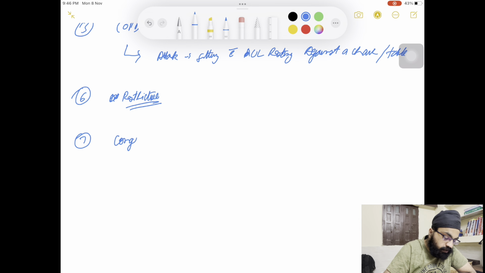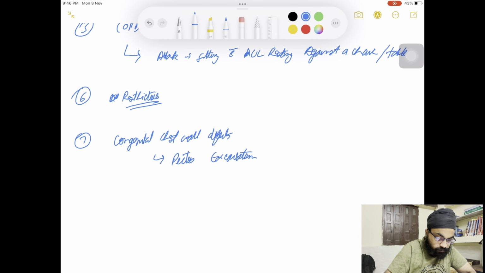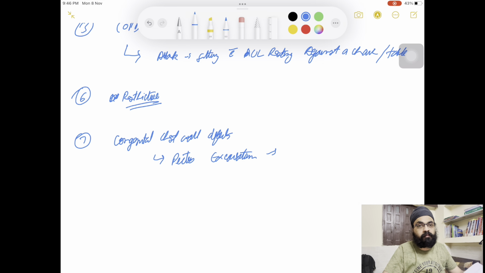Okay. Next is congenital chest wall defects. Pectus excavatum. You might be wondering, it is excavatum, that it is coming out, right? It looks like it is coming out, but no, it is concavity of the chest.